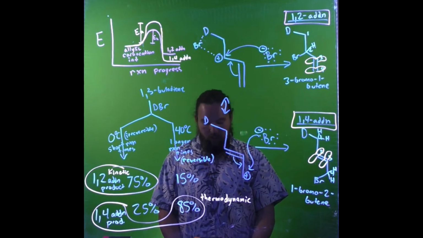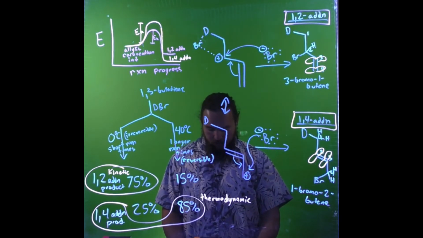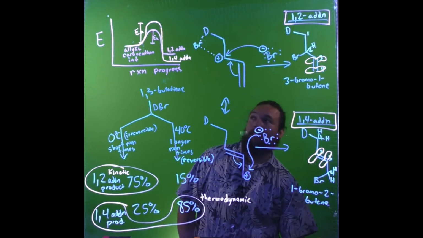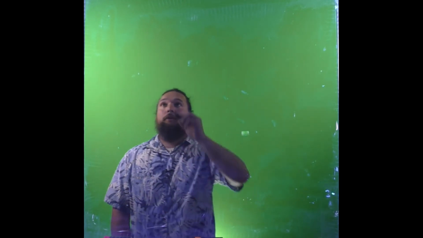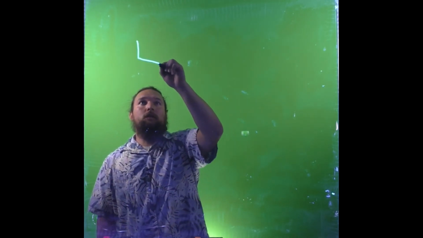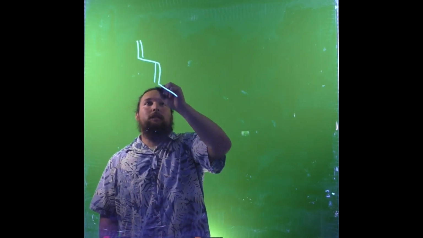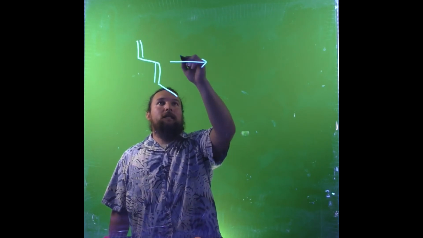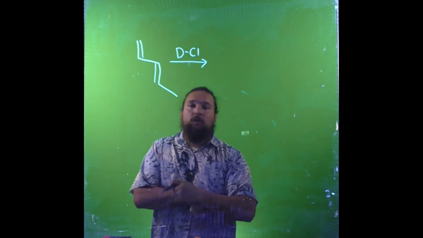So we can systematically change the experiment to see what happens. In this experiment, I'm going to have to erase the board. Instead of taking 1,3-butadiene, what they took was 1,3-pentadiene, so we added this carbon here. They actually did the experiment with deuterium chloride instead of bromide, but we're just switching the halogen.